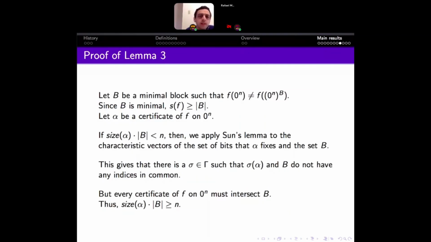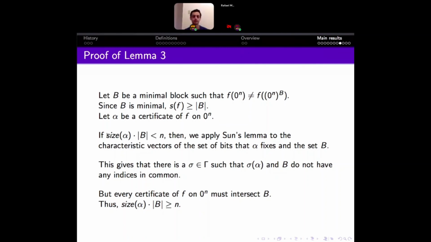So let B be a minimal sensitive block for the all zero input. And since B was minimal, the sensitivity is at least the size of B. And then let alpha be any certificate of f on the all zero input. And then we go by contradiction.